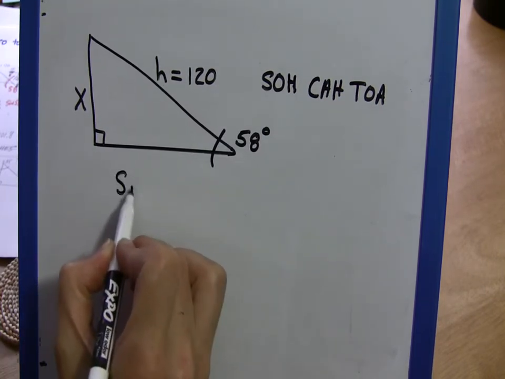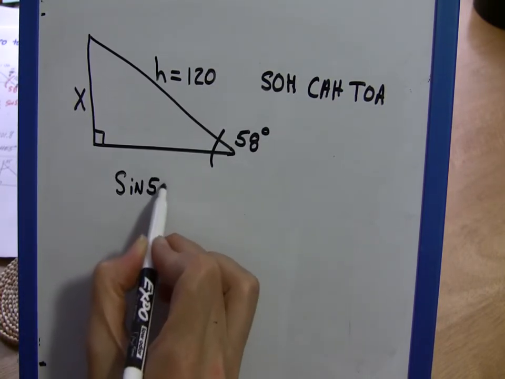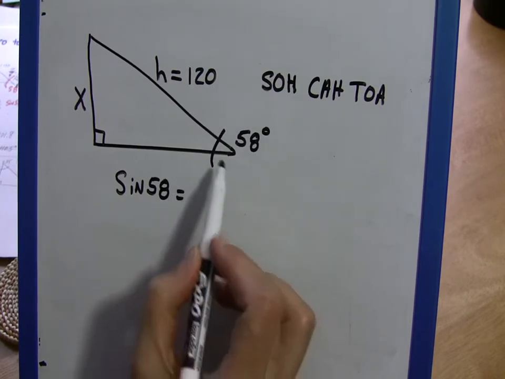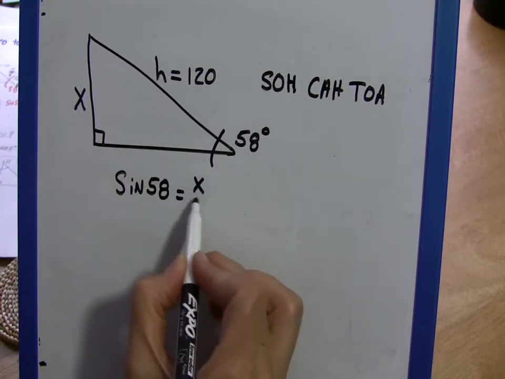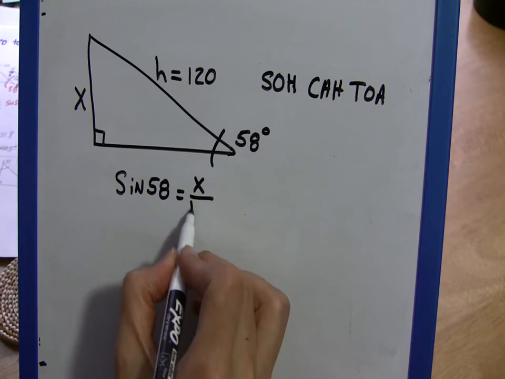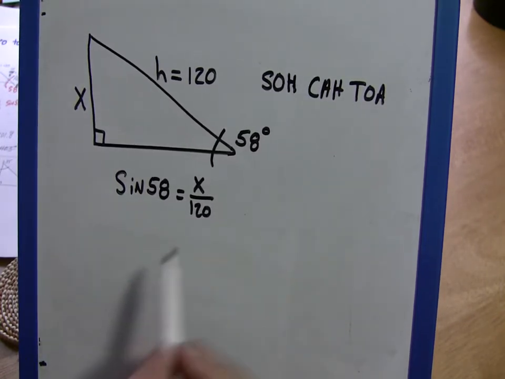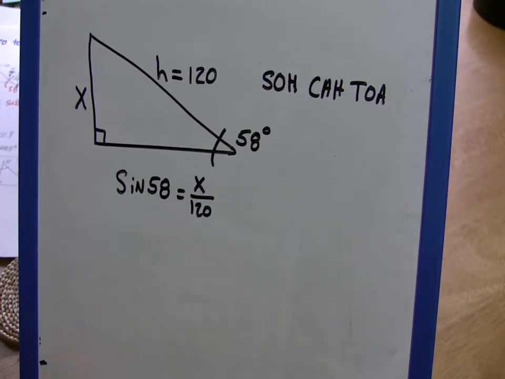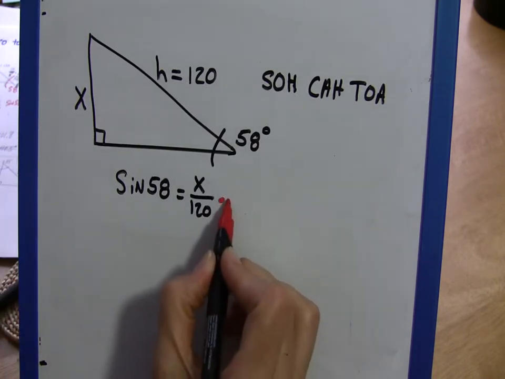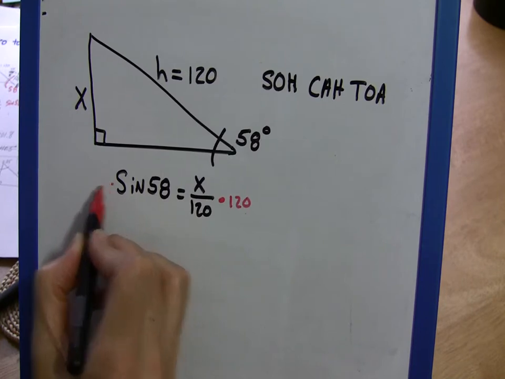So sine of 58 degrees equals opposite, which in this case is x, over the hypotenuse, which is 120. Now to solve this, we need to isolate the x. So it would be helpful to multiply both sides by 120 to clear that.